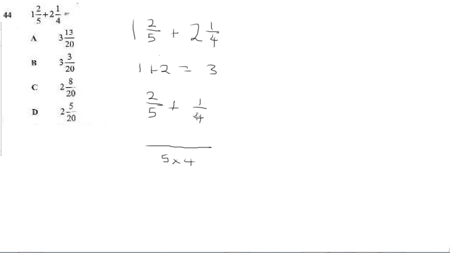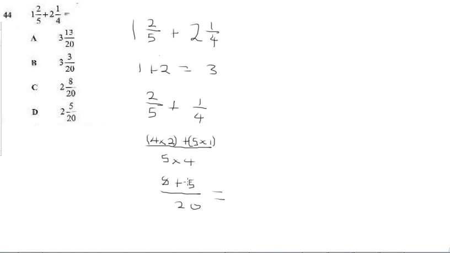Then multiply this denominator by that numerator, 4 times 2. Then plus this denominator by that numerator, 5 times 1. 4 times 2 gives us 8, plus 5 times 1 gives us 5. This is all over 5 times 4, which gives us 20.